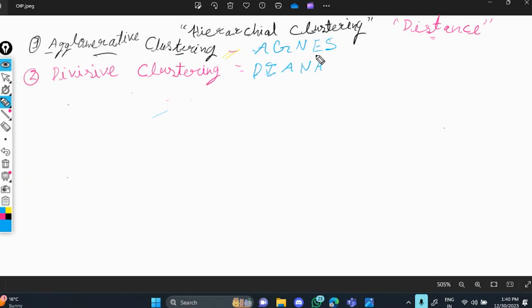So our interviewer may also ask what is Agnes, what is Diana, and what are the differences between them. Both of these clusterings are most important in hierarchical clustering. If we are talking about hierarchical clustering, these two techniques are the most famous and mostly used.